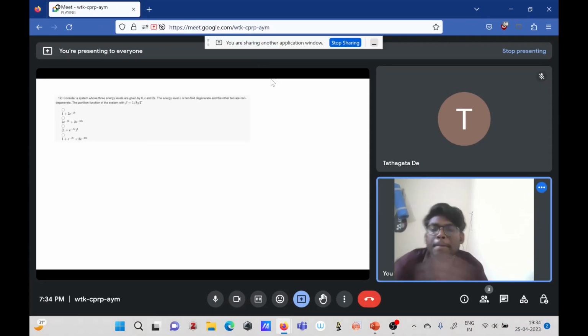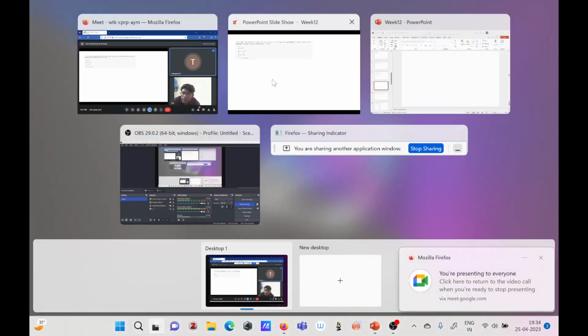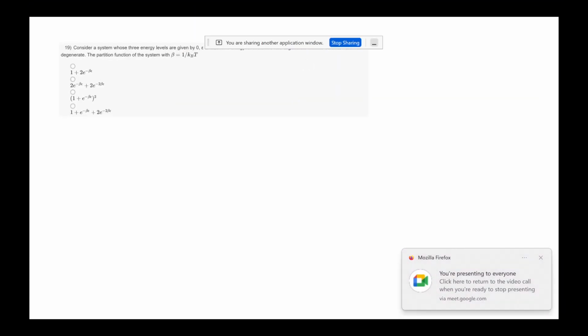The problem says consider a system whose three energy levels are 0, epsilon, 2 epsilon. Energy level epsilon is twofold degenerate and the other two are non-degenerate. What is the partition function? How can we write Z?